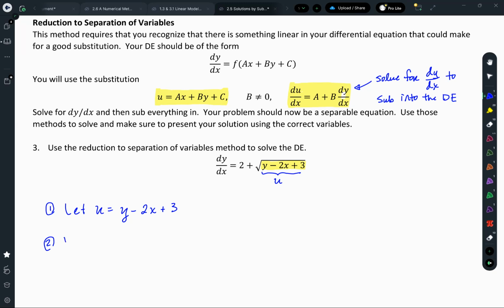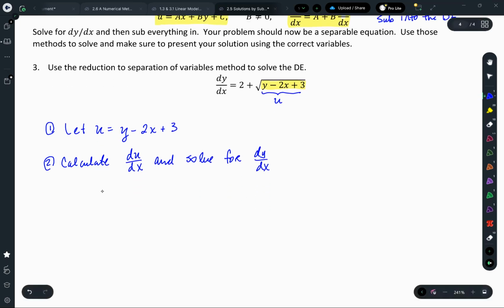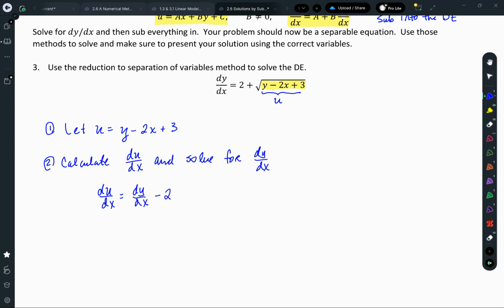Second, we're going to calculate du dx and solve for dy dx. So du dx is going to equal, the derivative of y with respect to x is just dy dx, and the derivative of minus 2x with respect to x is just minus 2.